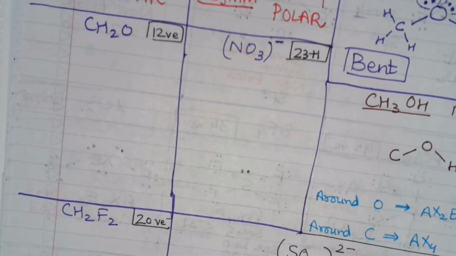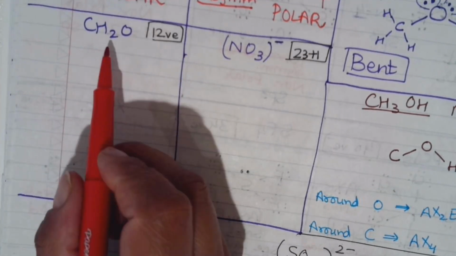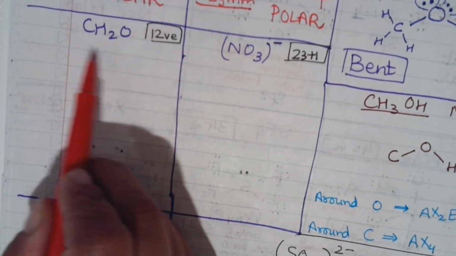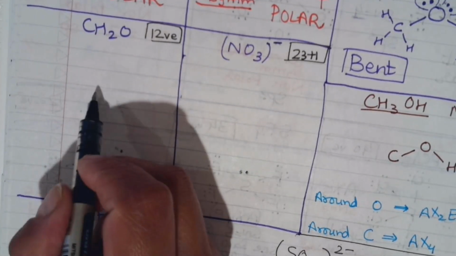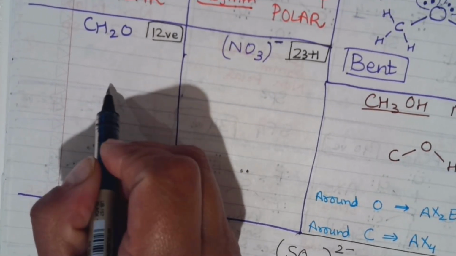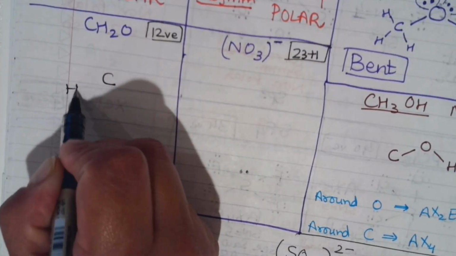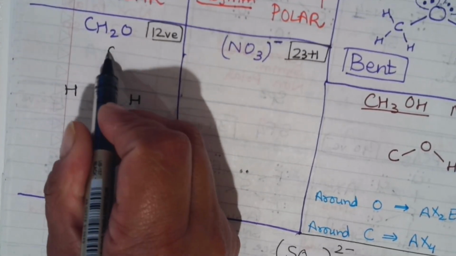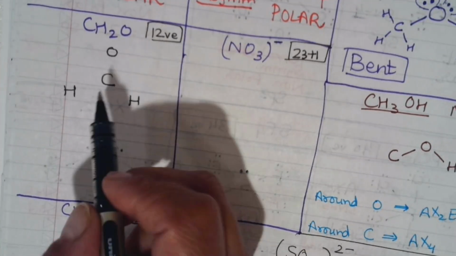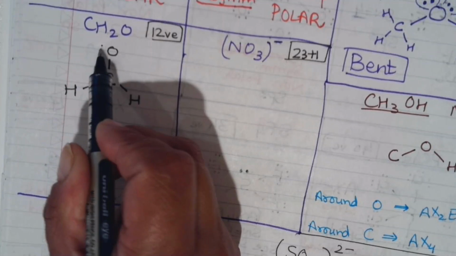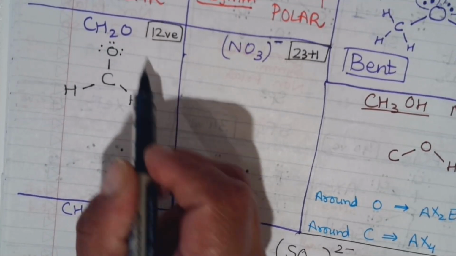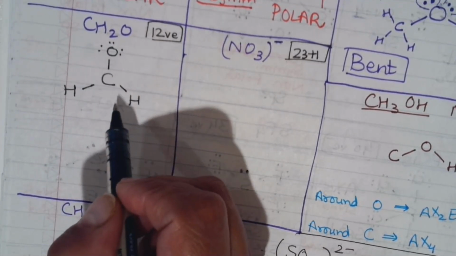Next, let's talk about CH2O, right? For all the organic compounds, remember carbon has to make 4 bonds. So I am going to make the structure like this. Now if you see, this is how it looks, and we are done with the 12 valence electrons.